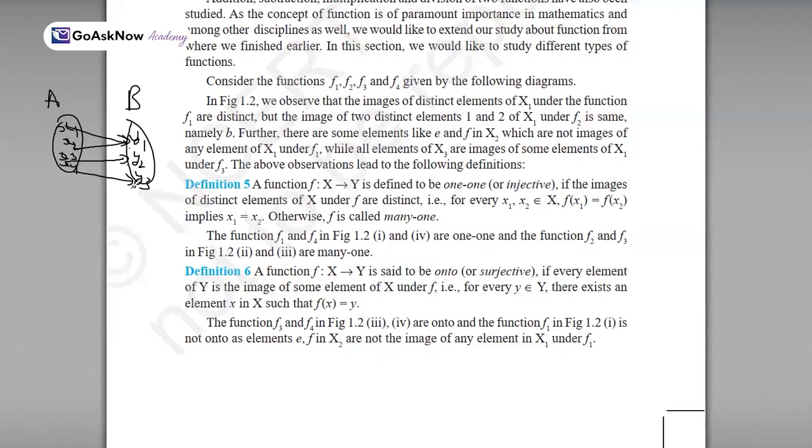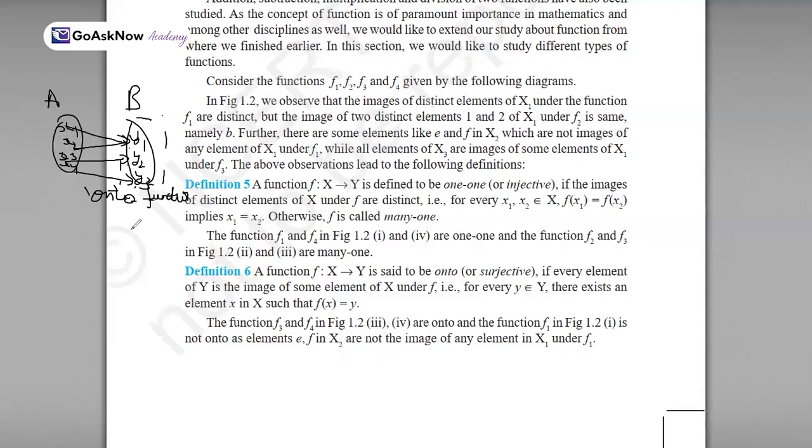Here all the elements of B are related to some element of A. There is no element in B which is not related to A in some manner. So it is called an onto function. You don't have the condition that one element is remaining there. Meaning this is an onto function.